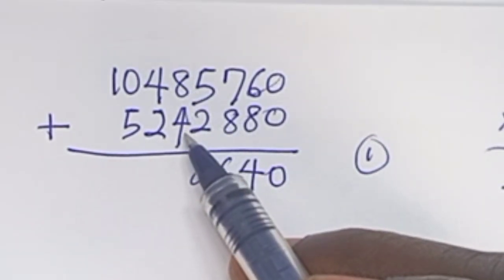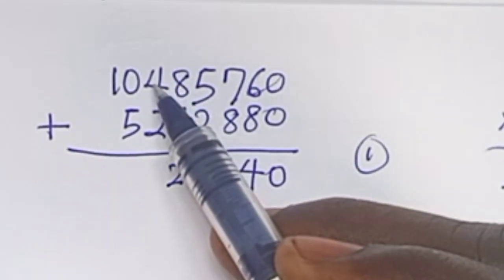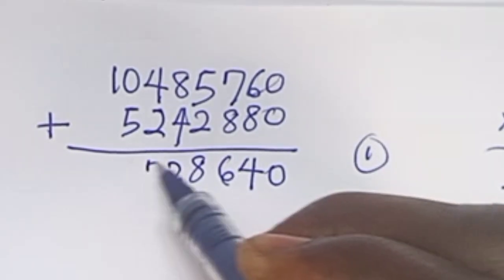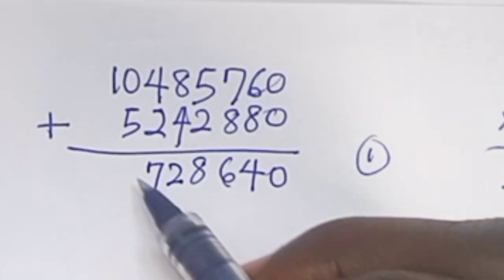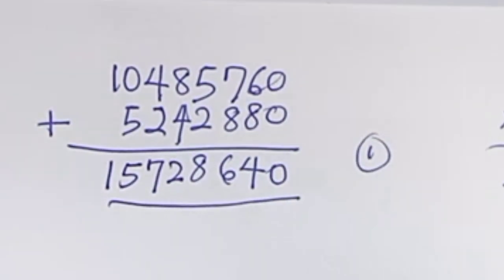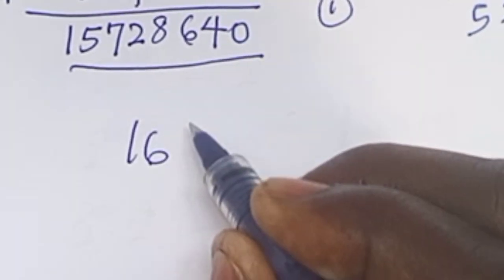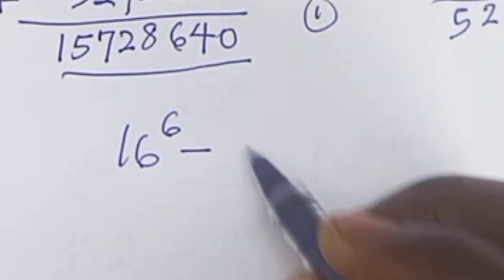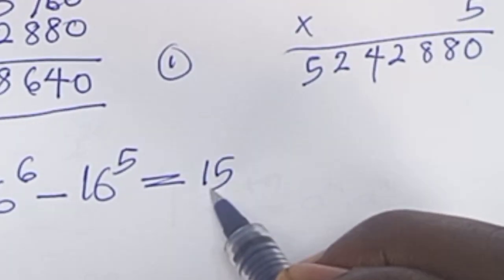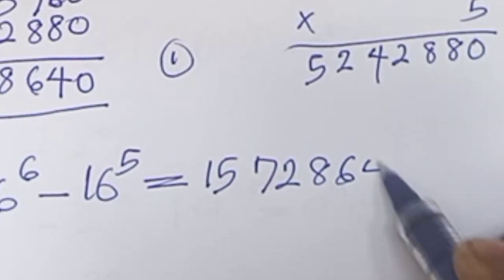And 8 plus 4, that is 12. We're going to write down 2, carry 1. That 1 plus 4 is 5. Plus 2, that is 7. Write it down. And 0 plus 5, that will be 5. And of course, bring down the 1. So the value of 16 to the power of 6 minus 16 to the power of 5 is simplified as 15,728,640.